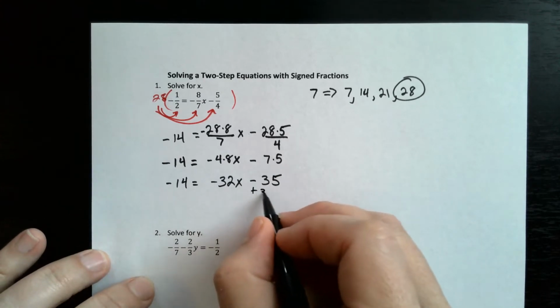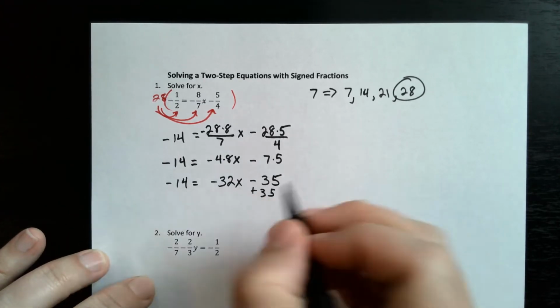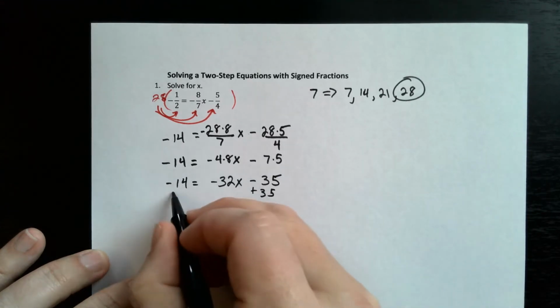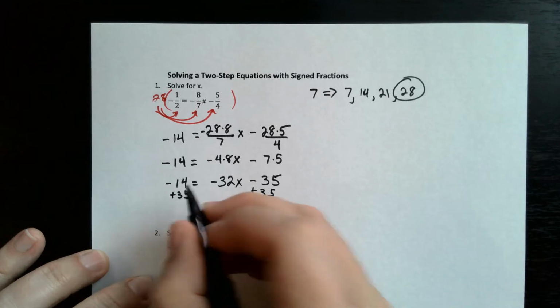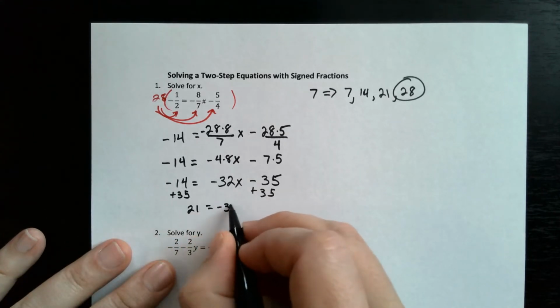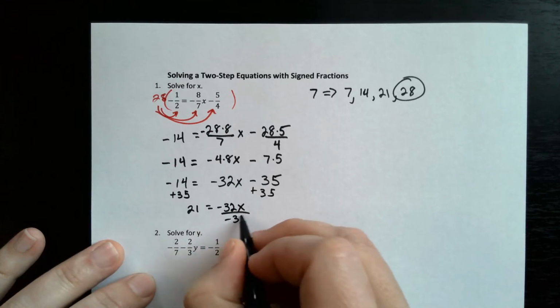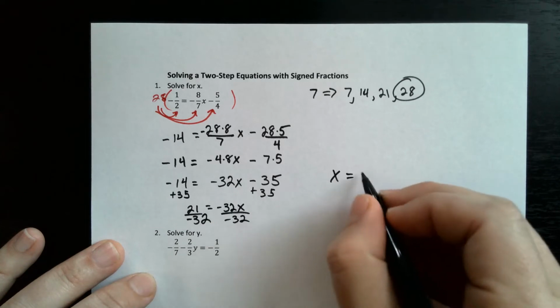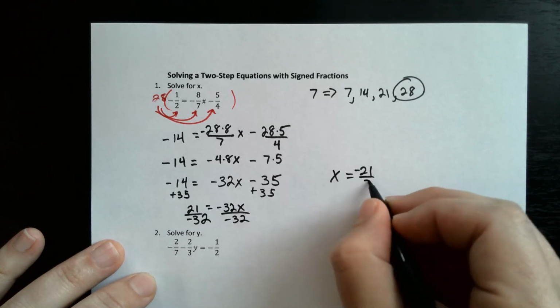I can add 35 to both sides because I'm trying to get the x term by itself. So 35 minus 14 is 21. So you get 21 equals negative 32x. Divide by the negative 32 and you get your answer. This doesn't reduce. So x is equal to negative 21 over 32.